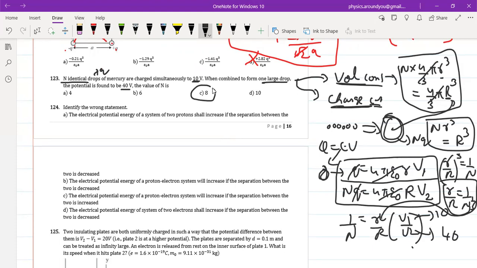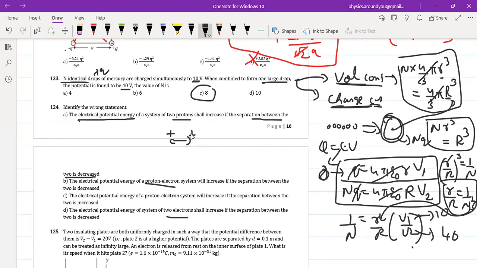Now, question number 124. In 124, identify the wrong statement. Very tricky one. It involves electrical potential energy whenever there are two protons, a proton and an electron, and two electrons. We remember this, right? Now, if there are two protons, what would happen to the potential energy between them if the distance between them is decreased?